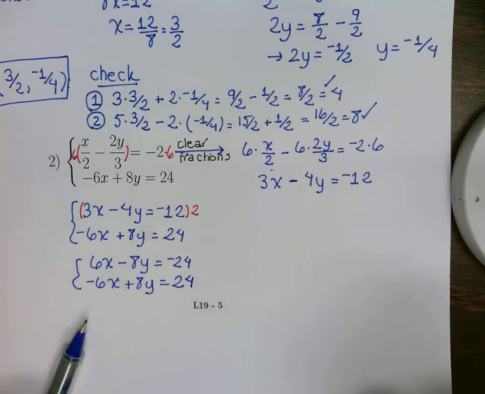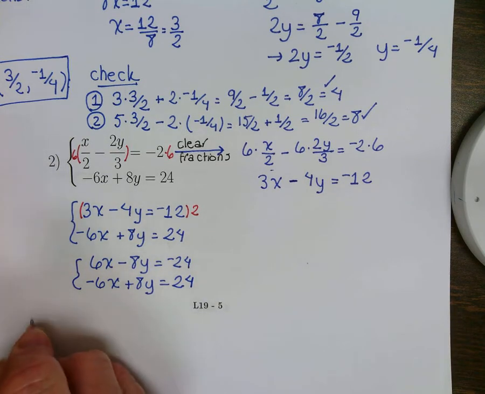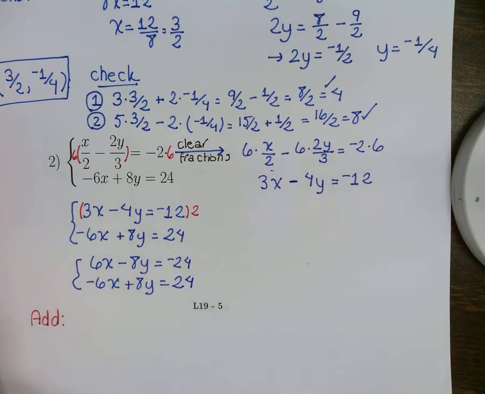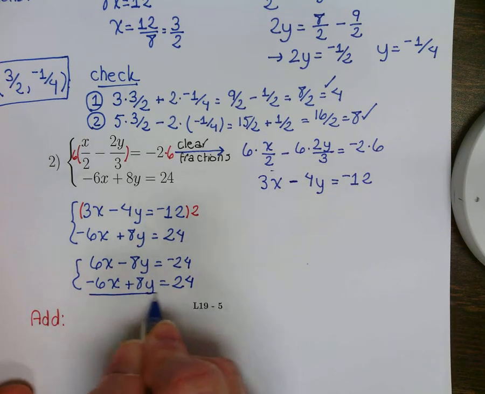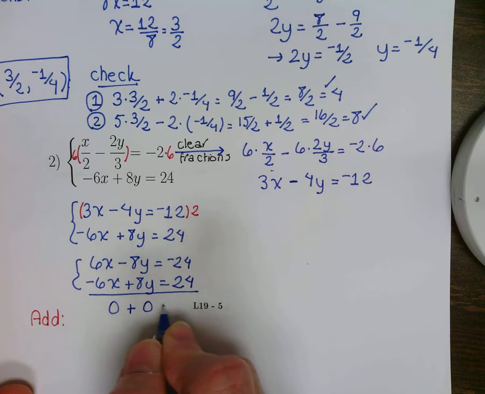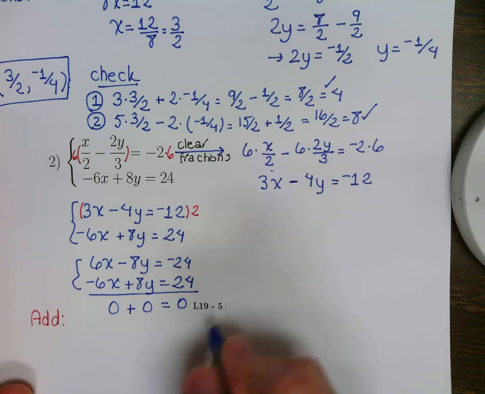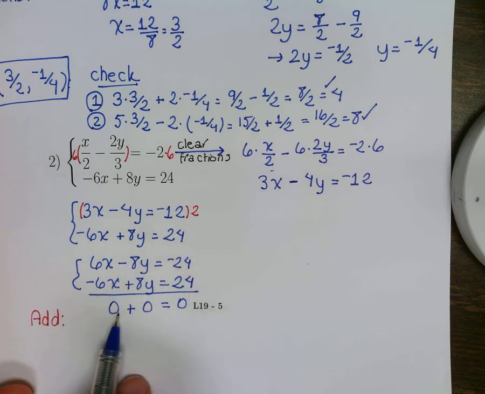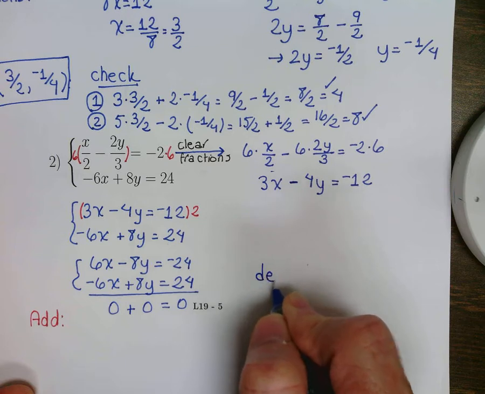Okay? And now I add them. And look what happens. 0 plus 0 equals 0. Okay? These two equations represent the same line. This is a dependent system.